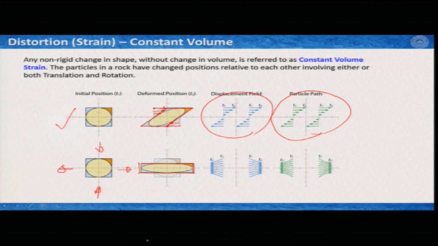And in this case, the displacement field would look like this, converging towards the extensional side, and particle paths are very similar, but they are curved because this point did not move following a straight line, but it moved along a curved line. And therefore, particle paths for this type of deformation are a little curved.